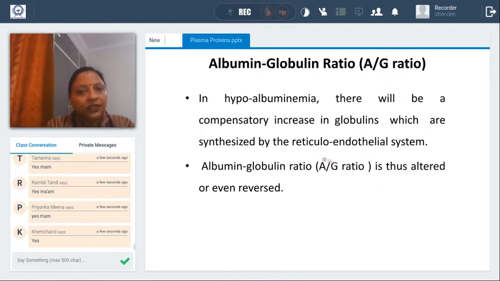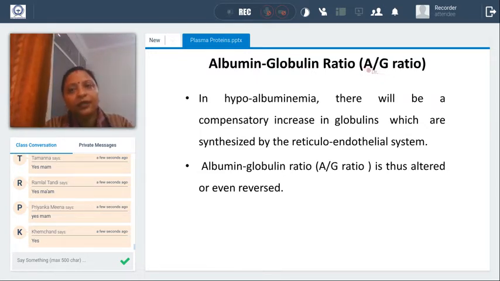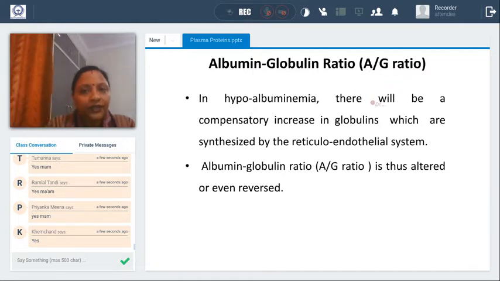So when the AG ratio decreases, it means A is decreased and G increased, and when the AG ratio increases, A will be increased and G will be decreased.